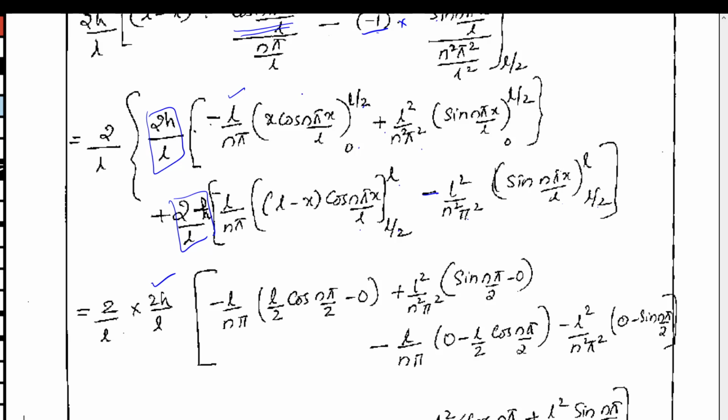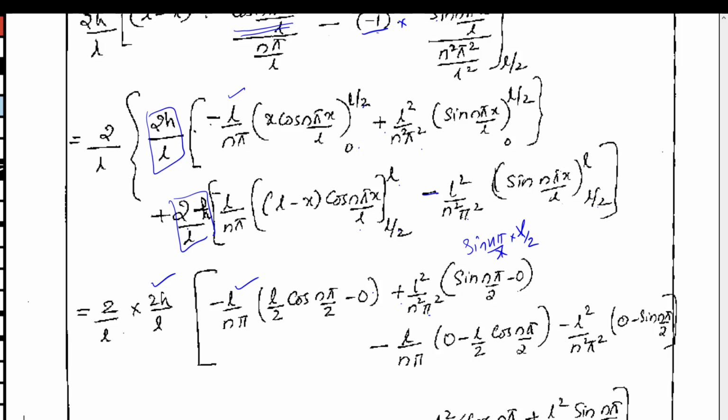Now let us evaluate the first term, minus L by n pi into, apply the upper limit, then I will get L by 2 into cos n pi by 2 minus 0 into cos 0. 0 into something is going to be 0, therefore I have 0 plus L square by n square pi square into sin n pi by L into L by 2. L will be cancelled and I will get sin n pi by 2 minus sin 0. Sin 0 value is 0.